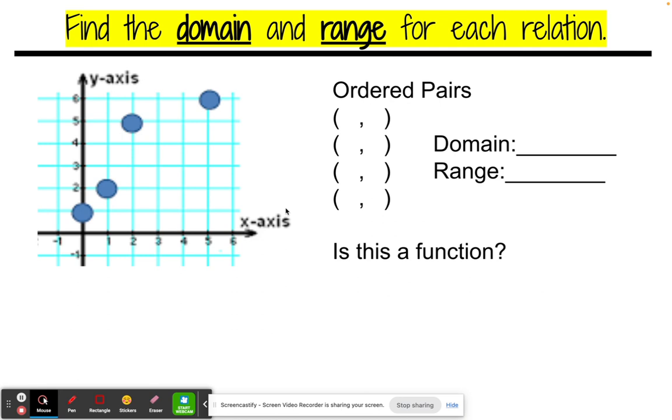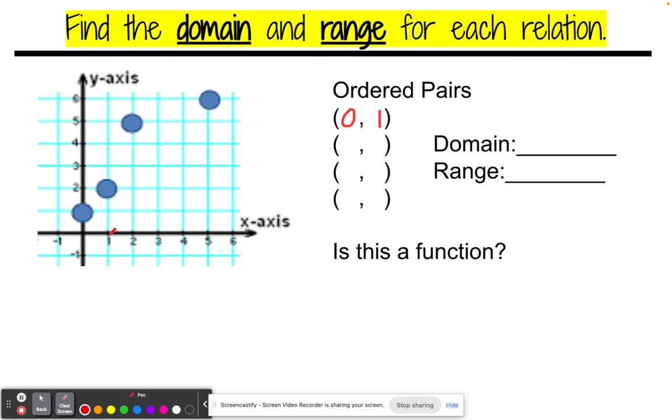Just reviewing a little bit whether or not something is a function. Let's look at what we have here for our domain and our range. For my first point, my domain, my x, is 0, my y is 1. So I have (0, 1).